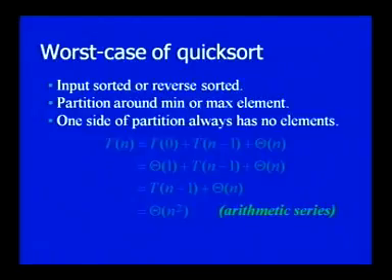Here the partitioning is so bad in the sense that in the left hand side you have only 0 element and all the elements are coming to the right hand side. Your equation will look something like T of n equal to T of 0 plus T of n minus 1, and then the remaining processing is theta of n.